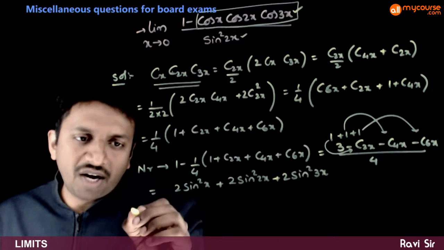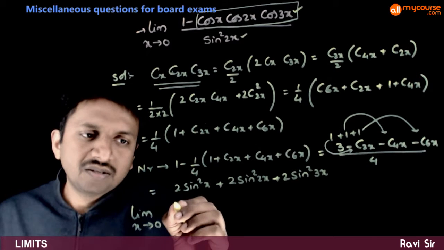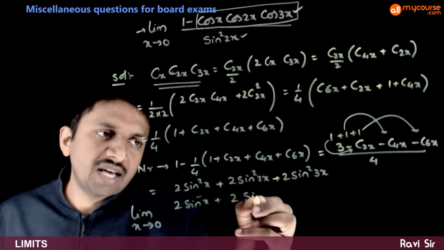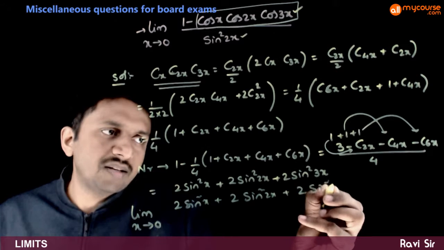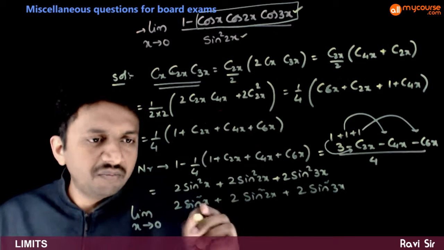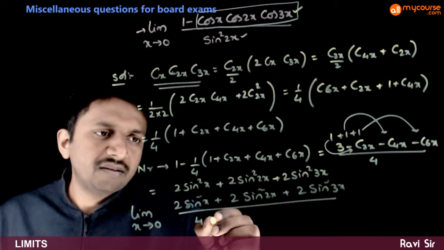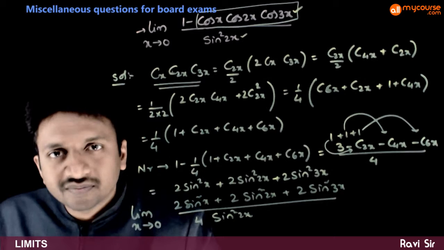So this is the final simplification of the numerator. Now let us try to find the limit as x tends to 0. So (2 sine square x plus 2 sine square 2x plus 2 sine square 3x) divided by 4 and sine square 2x.